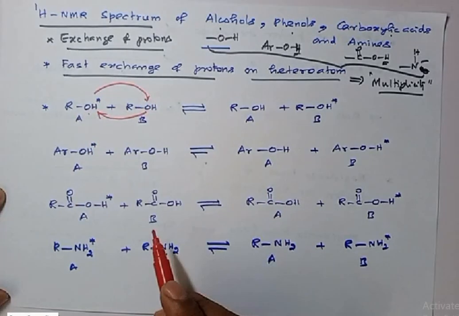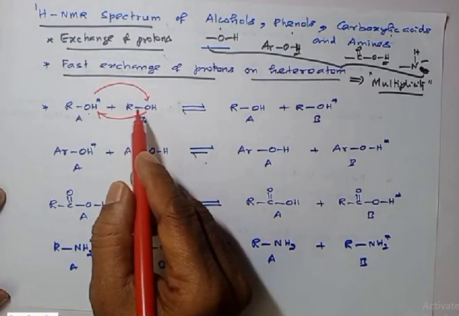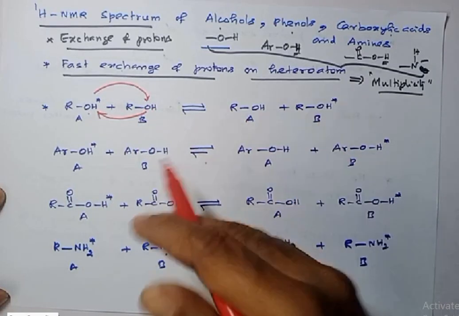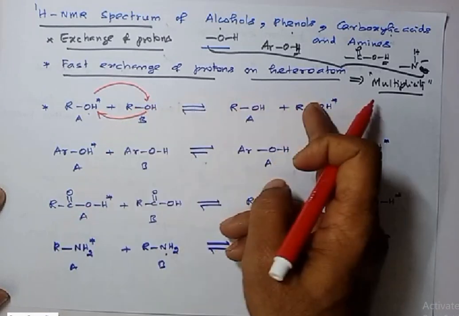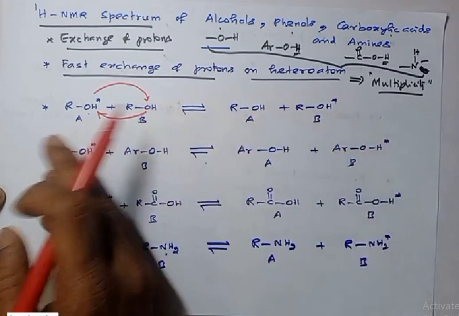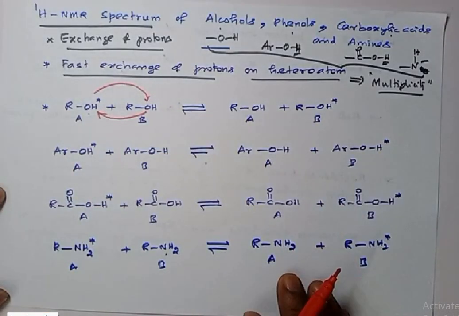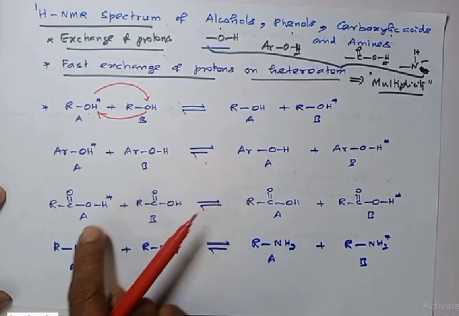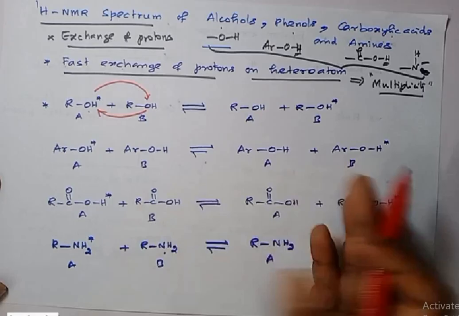Exchange of proton takes place, and this exchange will occur in a very fast manner. This hydrogen will go here and this hydrogen will come here. And in the next fraction of a second, this hydrogen again comes to this place. So this forward and backward process will occur in a very fast manner. This occurs in alcohols, phenols, carboxylic acids, even in amines. This fast exchange will occur.